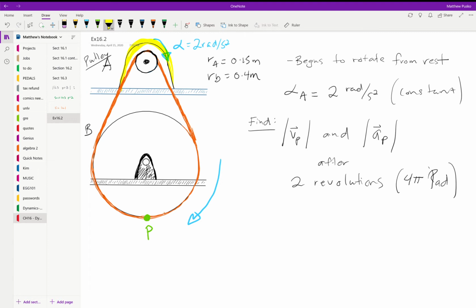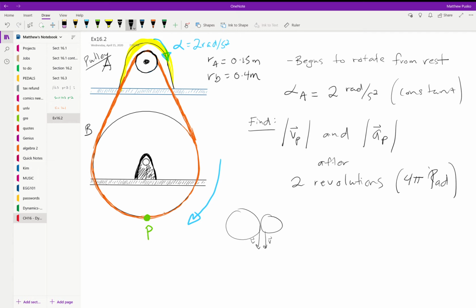Something that's very interesting, we looked at gears in the last lecture video of 16.3, and how when you have gears and they're touching, they have the same velocity, the exact same velocity vector.